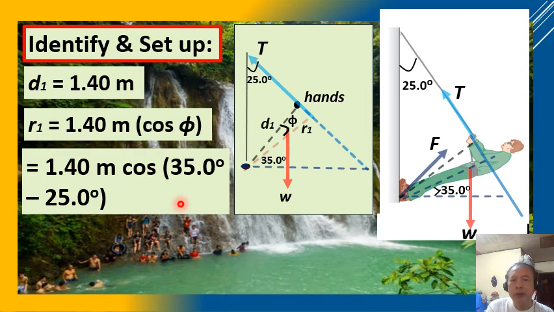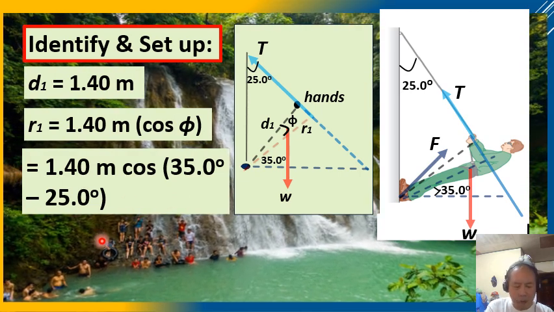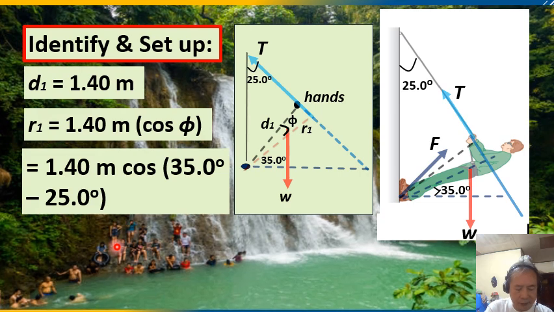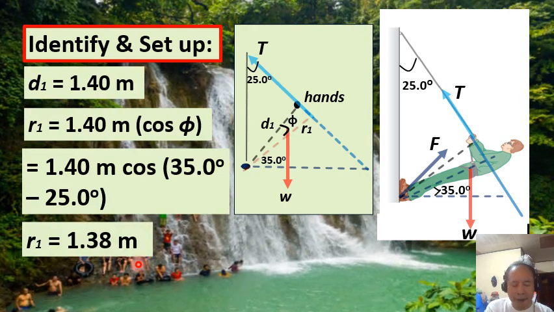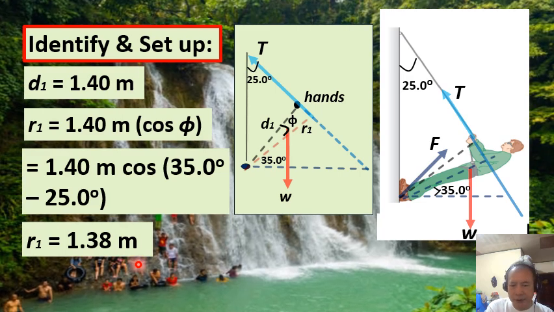So the perpendicular distance r1 is equal to 1.38 meters.